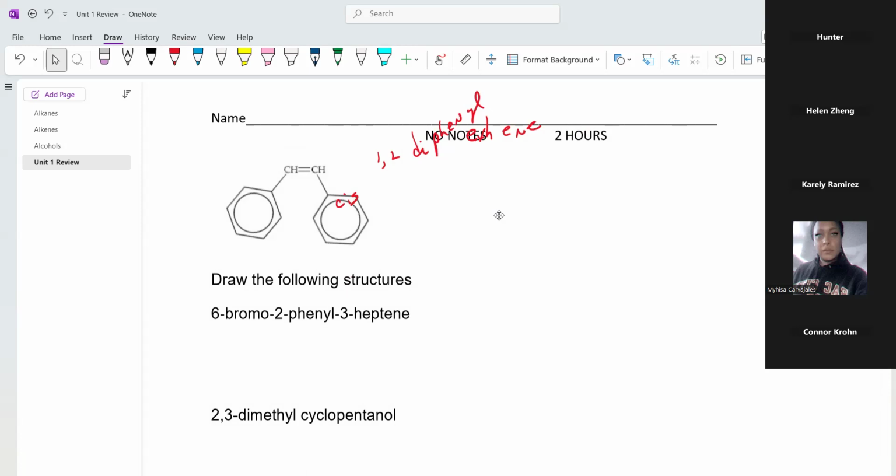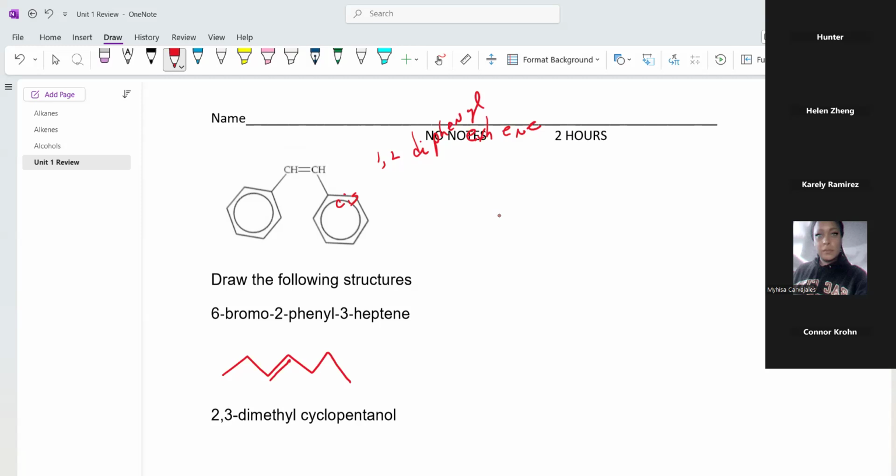Okay, all right, heptene. Heptene is 7 carbons long. And on carbon number 3, we have the double bond. Now I drew this as a trans and also draw it as a cis, which would look like this.